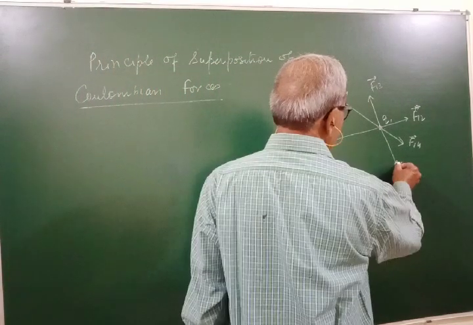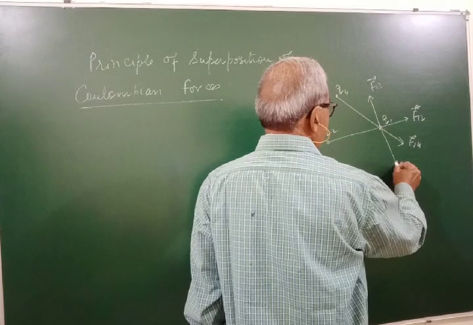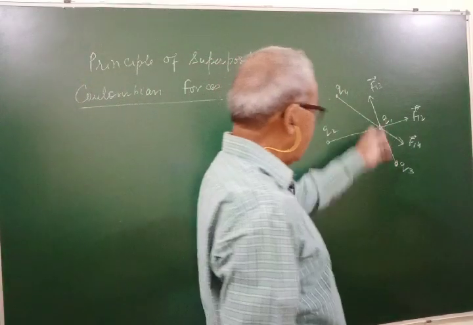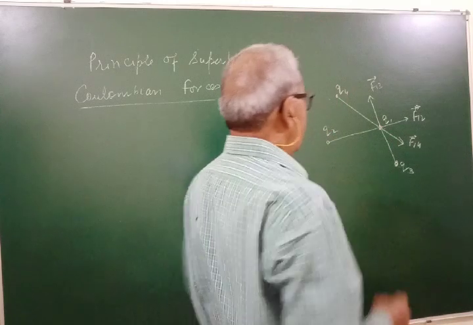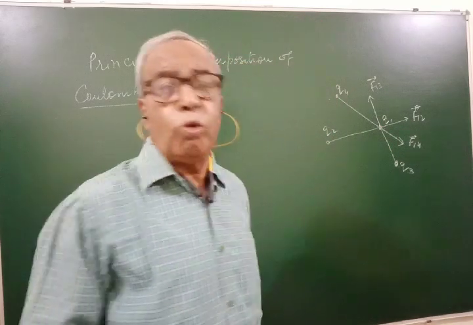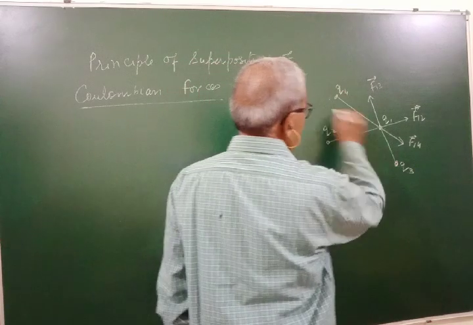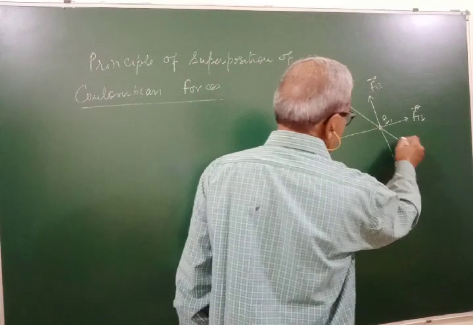Similarly, if I put q3 here, there will be a force of repulsion; if q3 is negative, then it will be attractive. Again, it is calculated using Coulomb's law, and the q4 charge applies force in this direction.